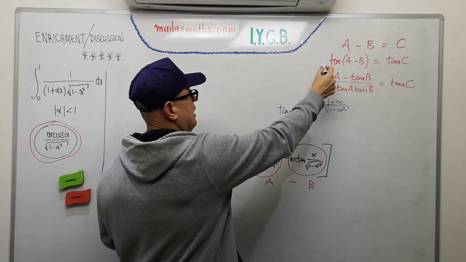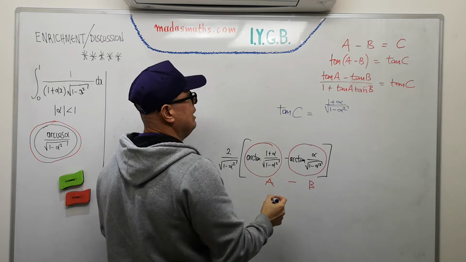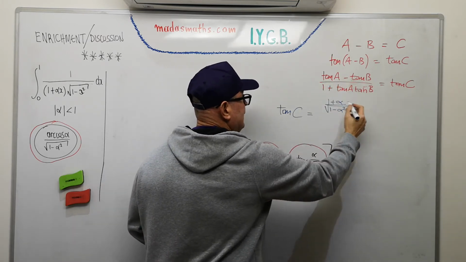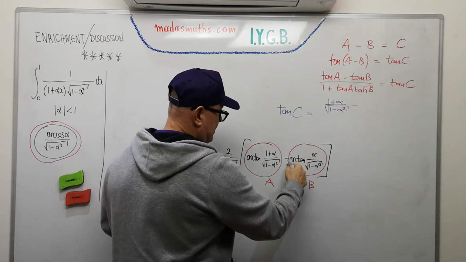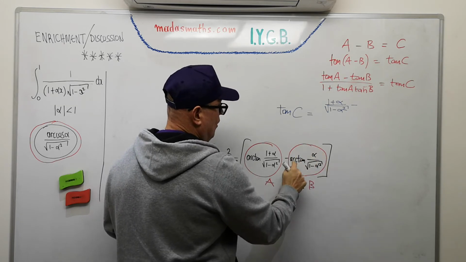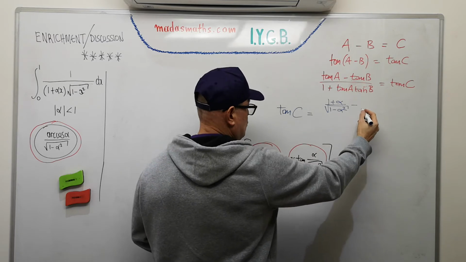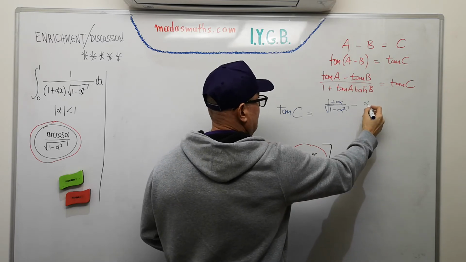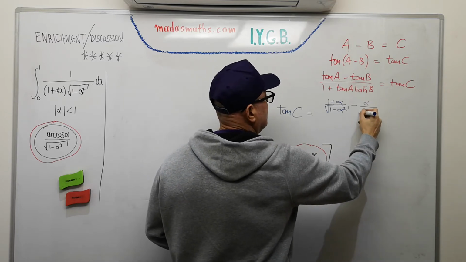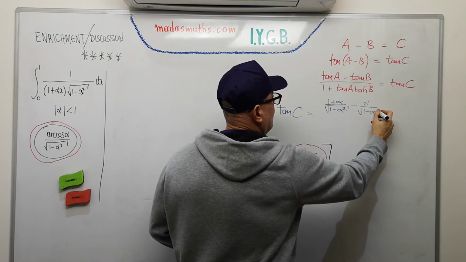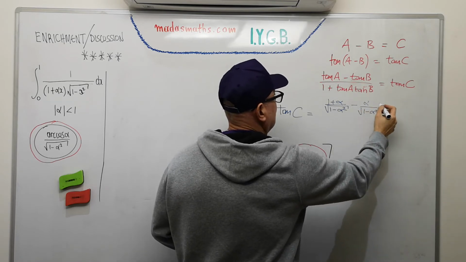That is the tan of A, minus the tan of B. My B is this, and therefore the tan of the arctan is this. So that is equal to alpha over the square root of 1 minus alpha squared.